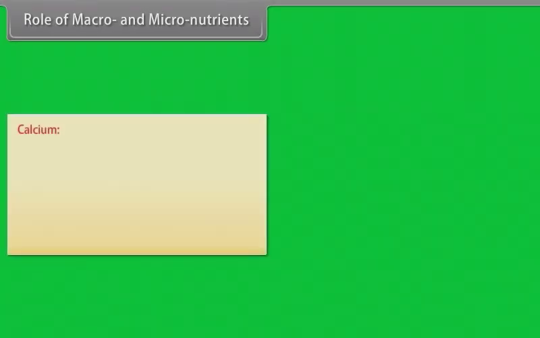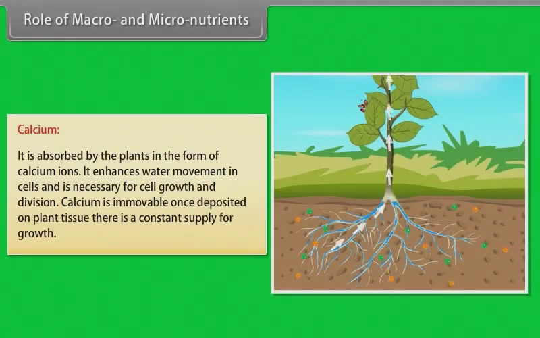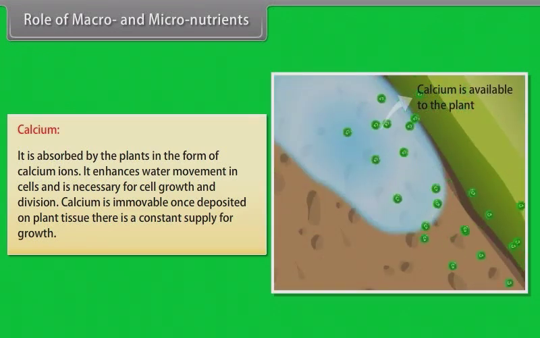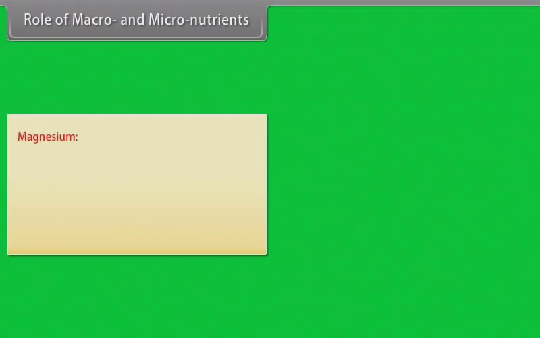Calcium. It is absorbed by the plants in the form of calcium ions. It enhances water movement in cells and is necessary for cell growth and division. Calcium is immobile. Once deposited in plant tissue, there is a constant supply needed for growth. Magnesium.